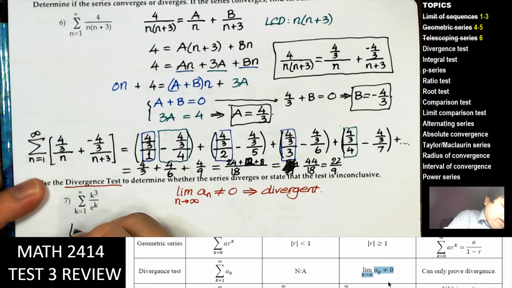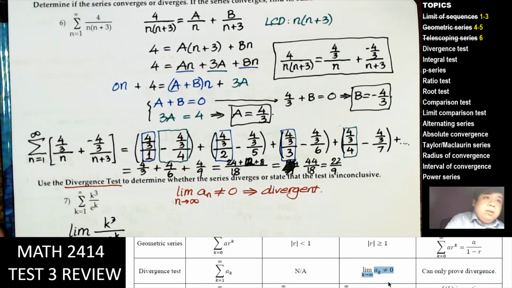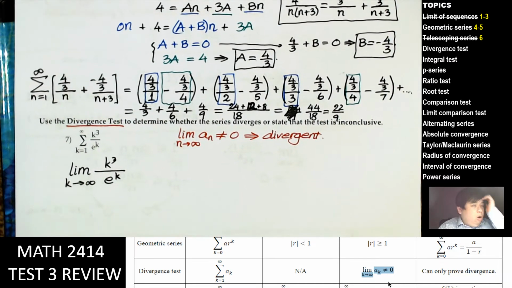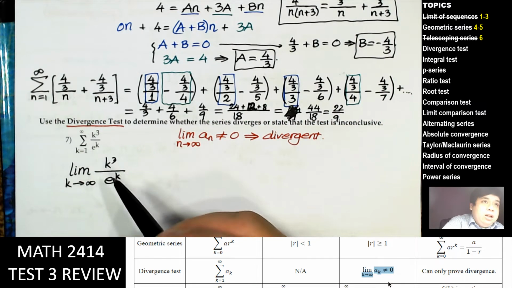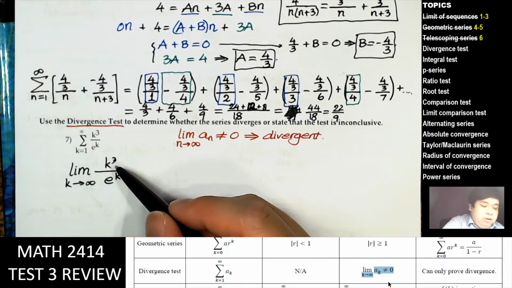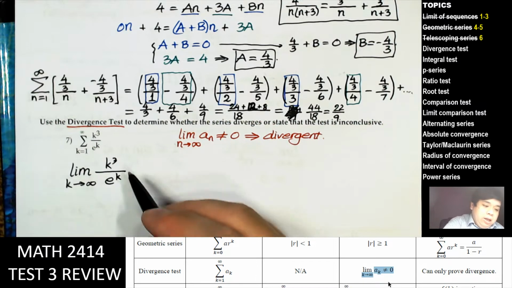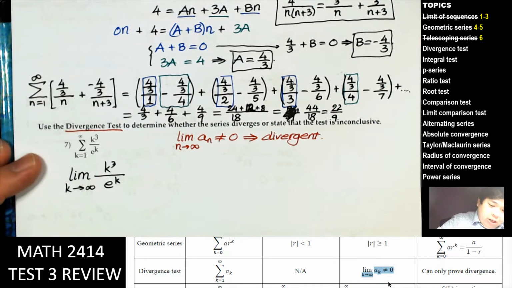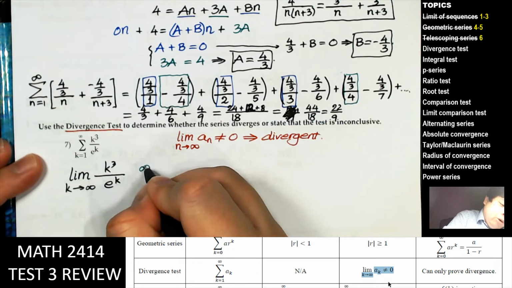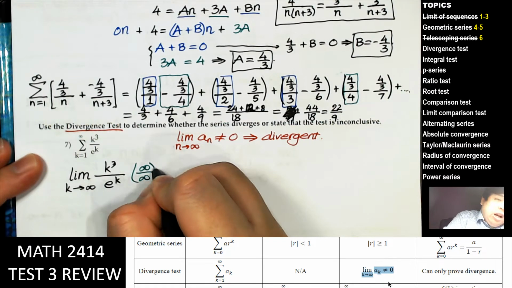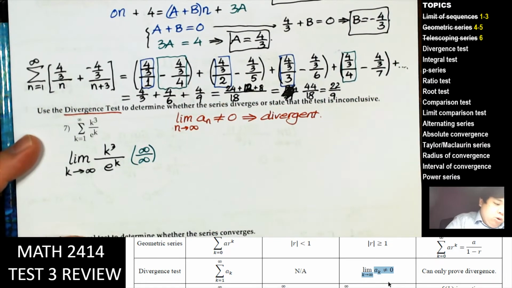So we'll check the limit as k goes to infinity of k cubed over e to the k. Obviously, when we put infinity in here, we have infinity cubed over infinity. What we have here is infinity over infinity, which allows us to use L'Hospital's rule.